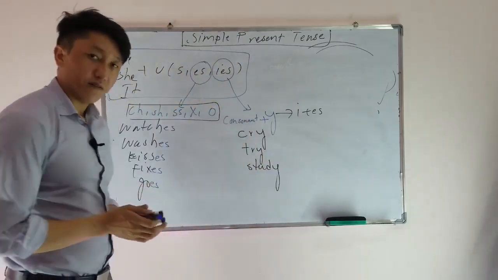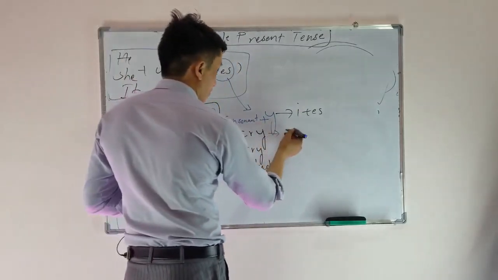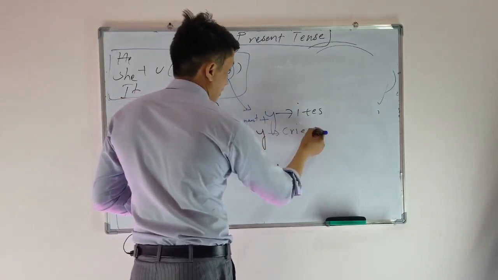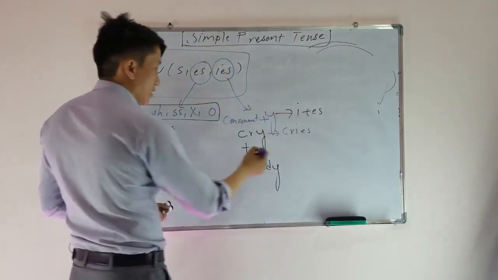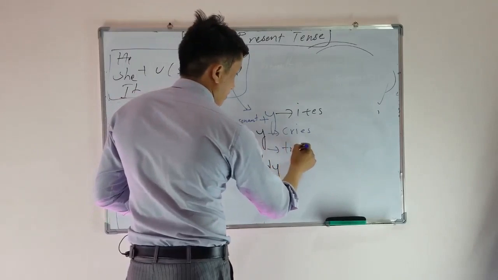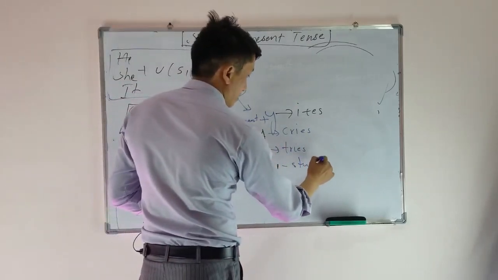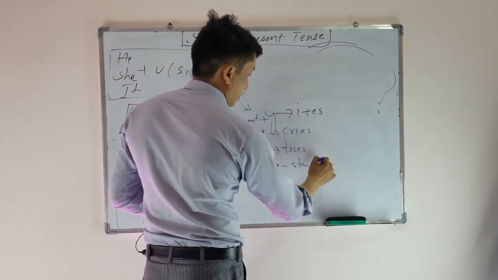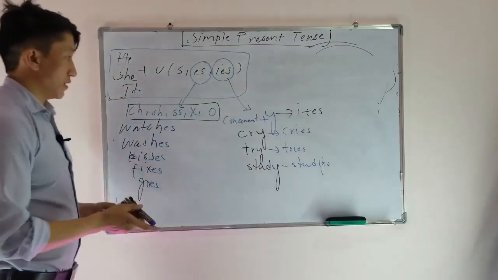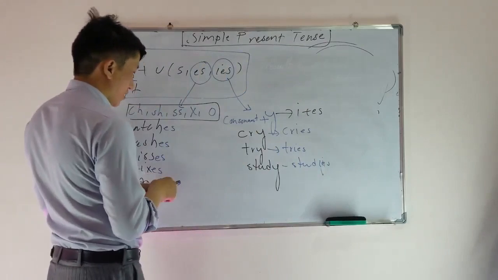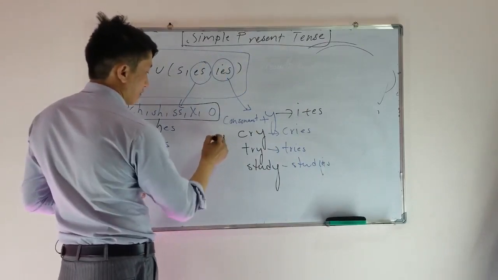Cry finishes with y, so we change y to i and add es: cries. Try becomes tries. And study becomes studies.